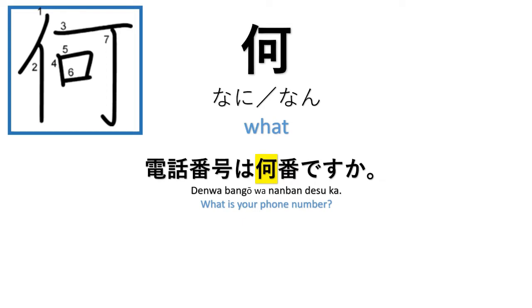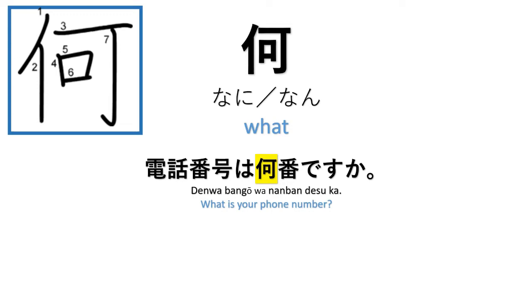電話番号は何番ですか？ So here, as you can see, 電話番号 means phone number. And when we are asking for phone number, we still use the kanji ban after nan. So, nan ban desu ka?